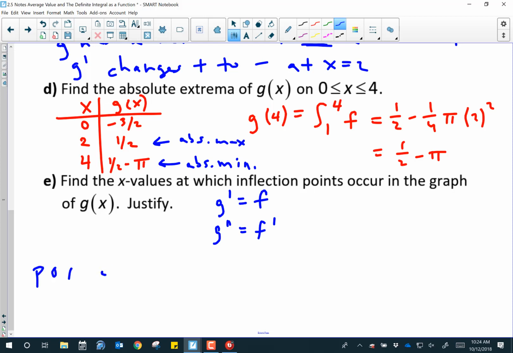We have a point of inflection when g double prime, which equals f prime, changes sign.